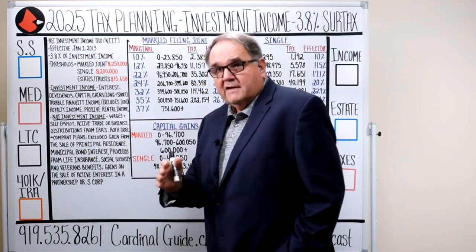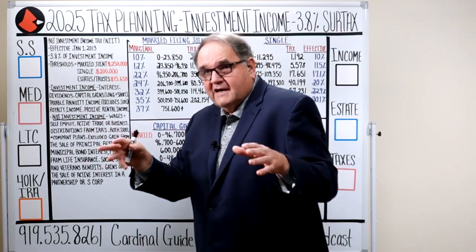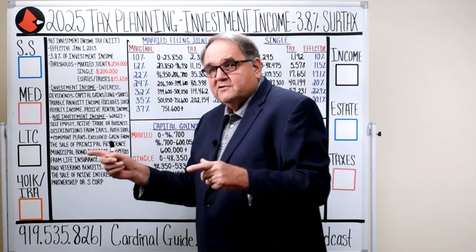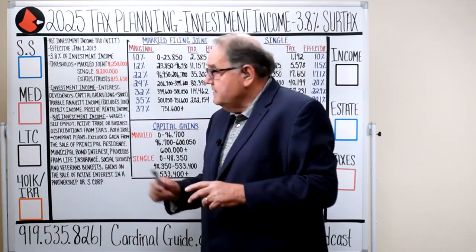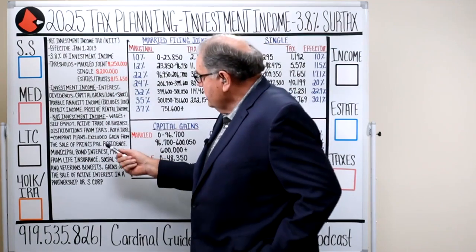Let's be clear on that: a lot of folks have their interest earnings, gains on stock, and dividends held inside of an IRA. As long as they're in the IRA, when you make a distribution, you're not paying the 3.8%. But just keep in mind, it counts toward meeting the threshold.